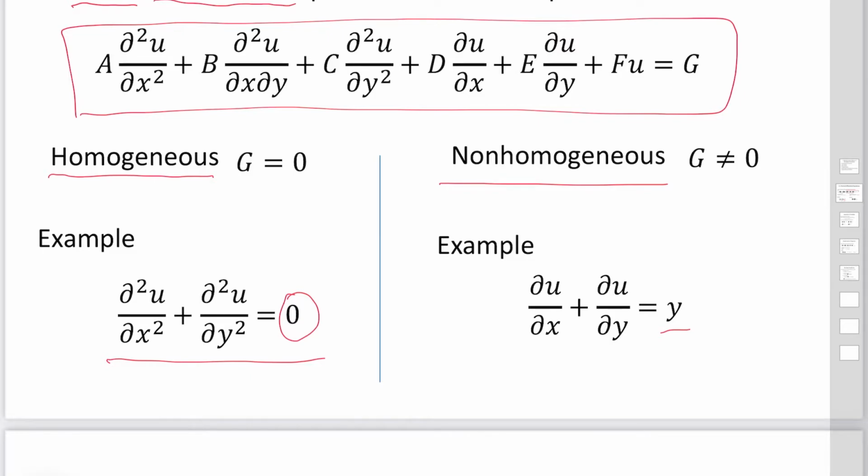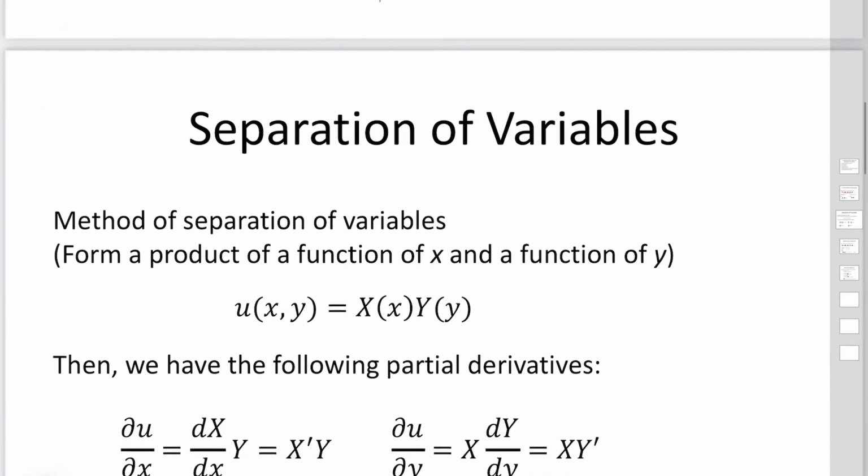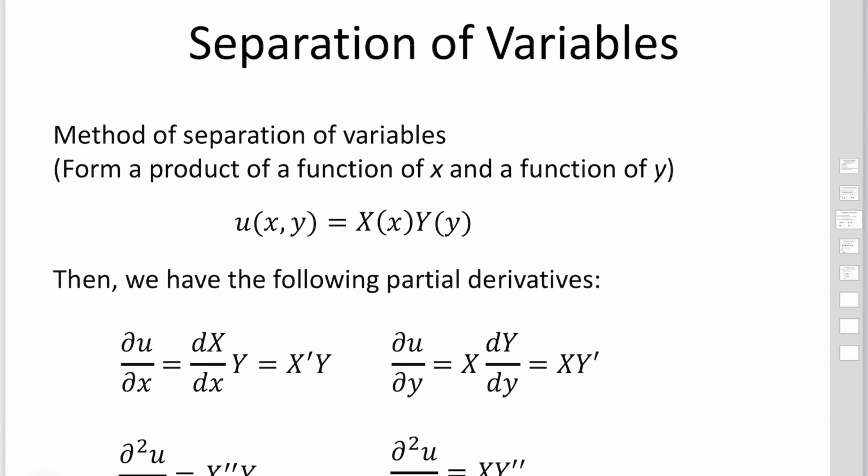To solve the partial differential equation, we use the method of separation of variables. In this method, we consider the solution u expressed as the product of two functions. Capital X is a function of x alone, while capital Y is a function of y alone.